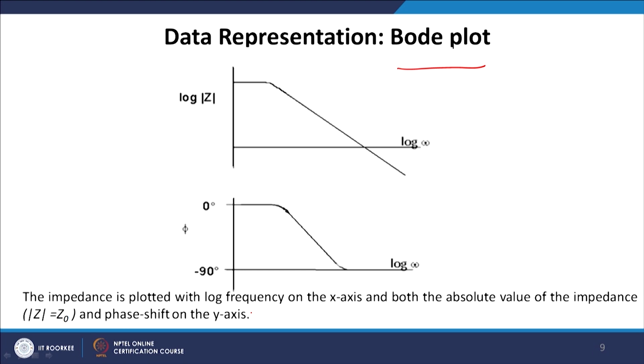So, on the x axis we put the log of omega, the frequency, and on the y axis we can put log of mod z or z naught, which is the amplitude, or the phase phi, which varies between 0 to 90 degrees. This kind of data, where you plot the amplitude versus frequency or the phase versus frequency, is called the Bode plot.